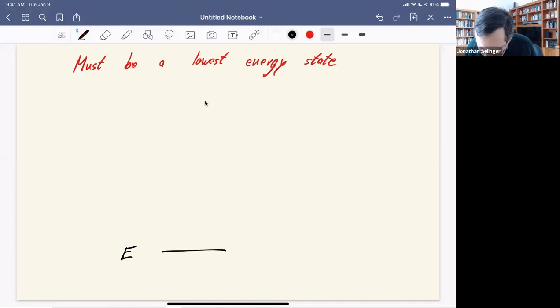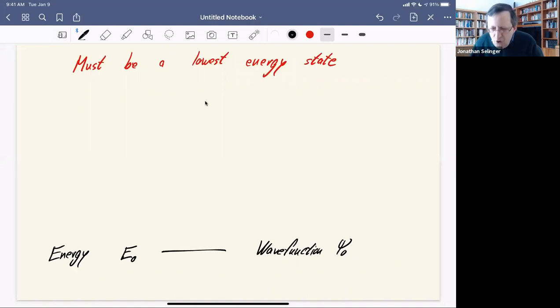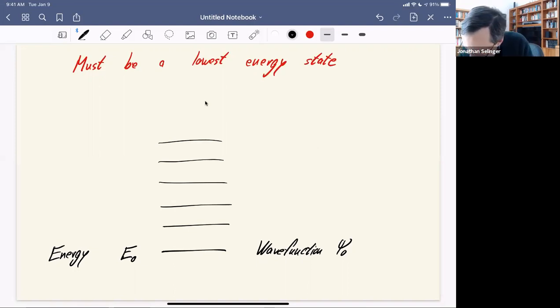That is here. This is the lowest. It has an energy, let's call it E0, and a wave function you could call psi 0. That is the lowest. You can't go lower than that, but you can keep going up. So here it's going to be A plus on psi 0, A plus squared on psi 0, A plus cubed on psi 0.